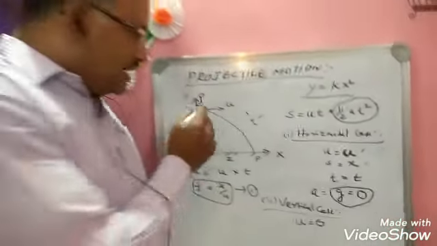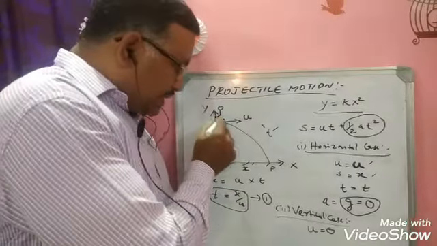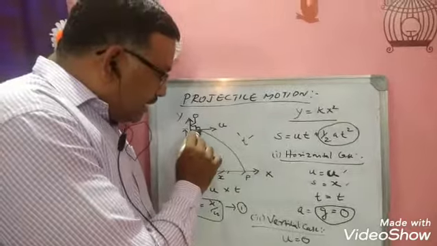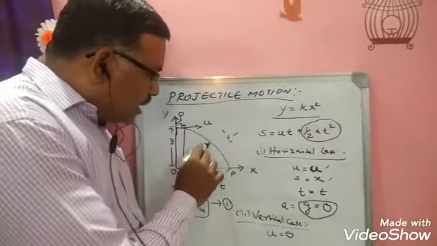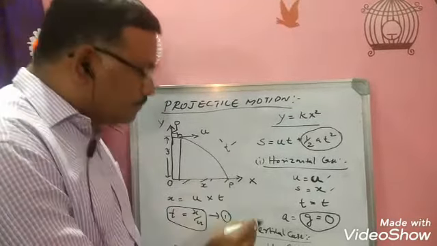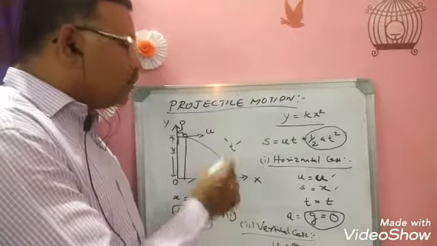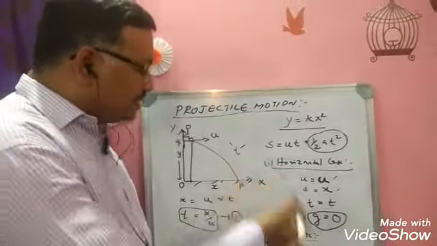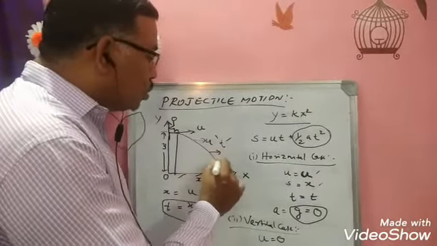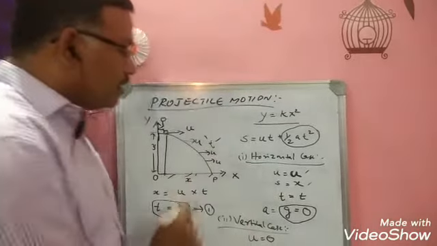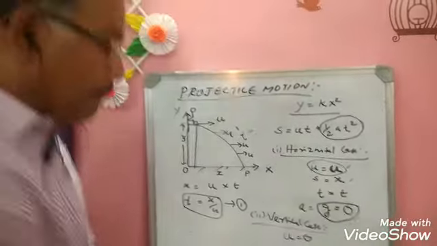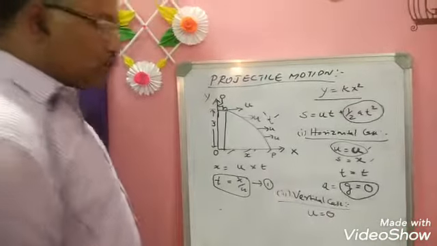When it leaves your hand, the vertical velocity goes on increasing at each and every point. When it touches the ground, it becomes 0. Before it touches the ground, the vertical velocity will be maximum. But the horizontal velocity u will be uniform throughout the motion. There is no change. Horizontal uniform velocity is constant. No change. But initial vertical velocity u is equal to 0.